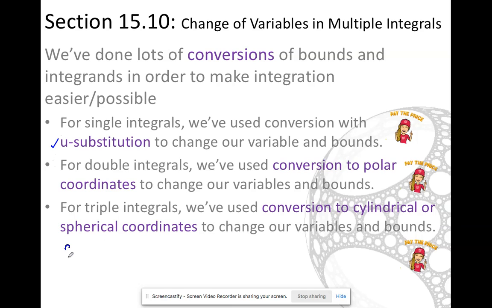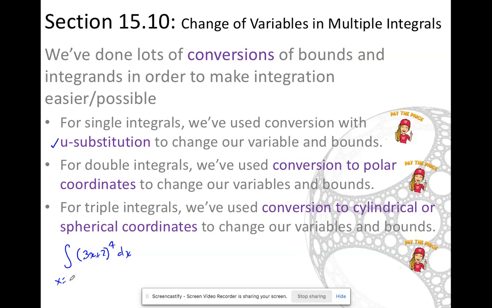For instance, a typical u substitution in single variable calculus might have been something like (3x + 2) to the 7th dx. You would have said, oh, I don't want to expand 3x + 2 seven times.